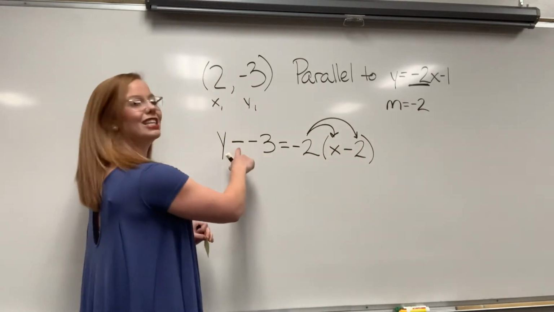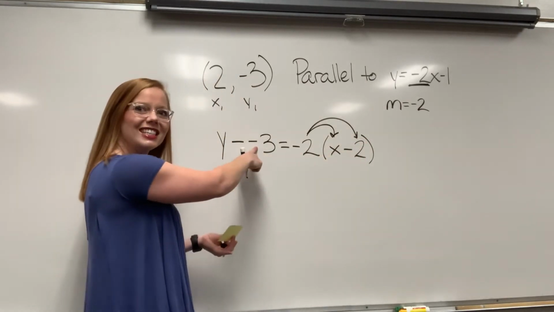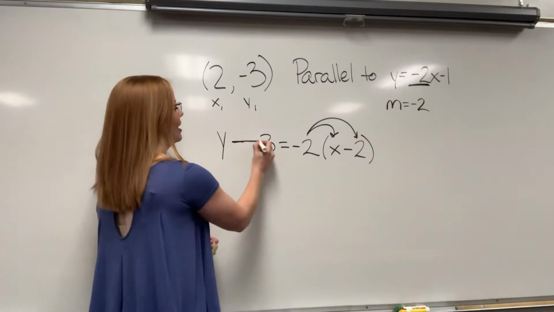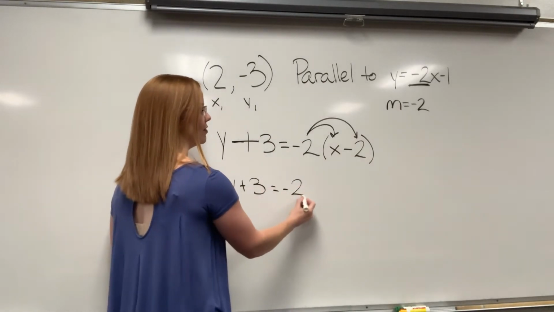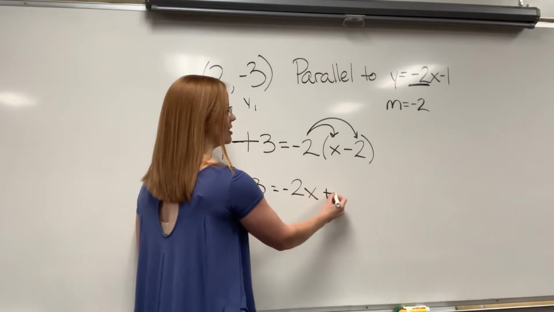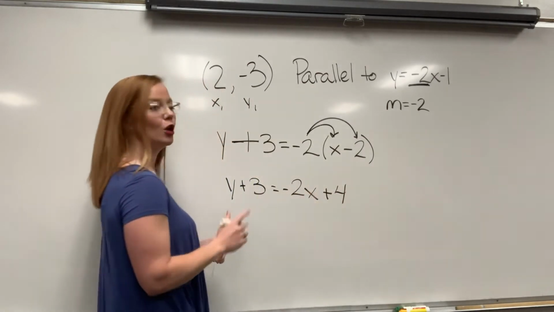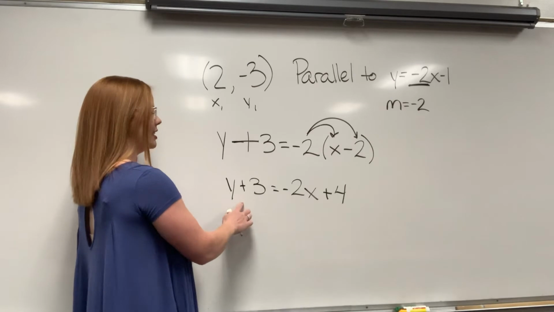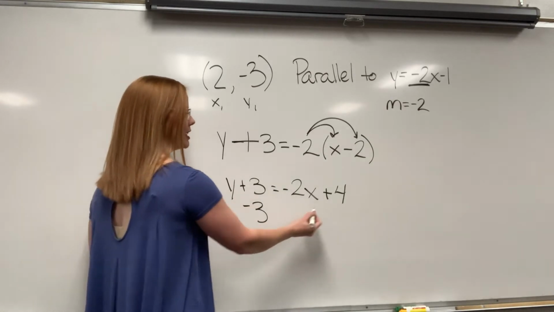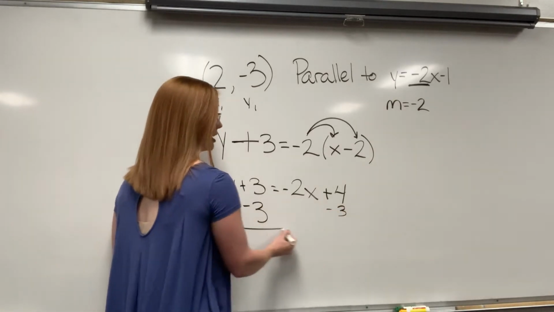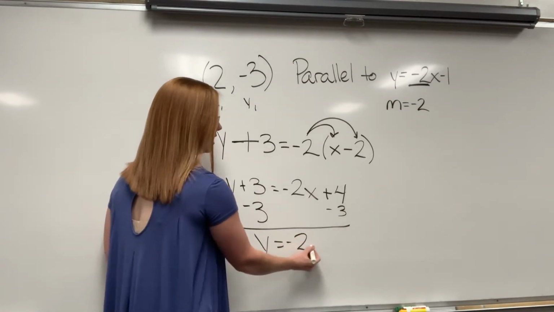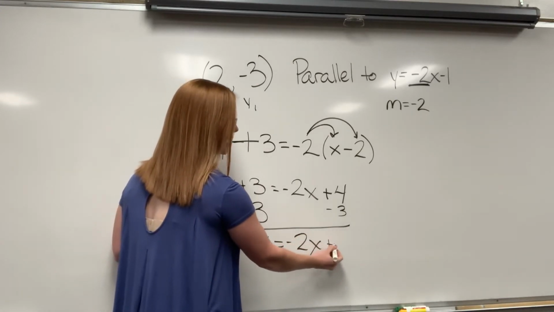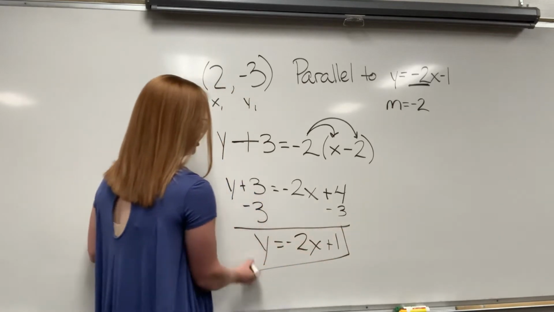And whenever I see these two negatives side by side, what does that tell us? Great big positive. So we get y + 3 = -2x + 4. One step till I'm finished. To isolate my y, I use opposite operations and combine like terms to give me y = -2x + 1.